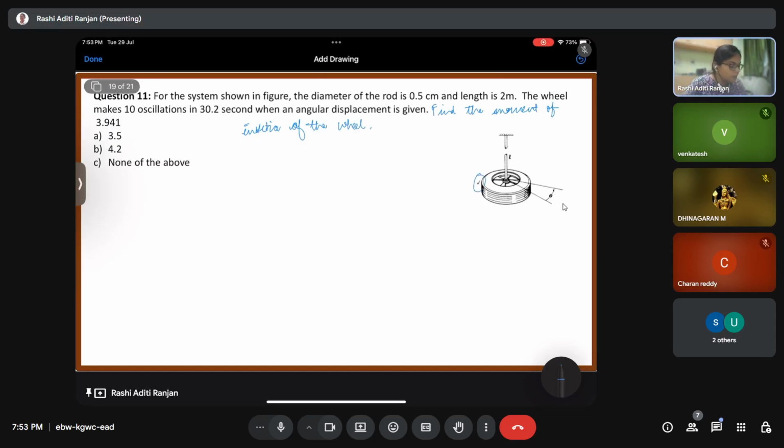See, first thing that is given to us is that the wheel makes 10 oscillations in 30.2 seconds. From this, we can calculate the natural frequency.